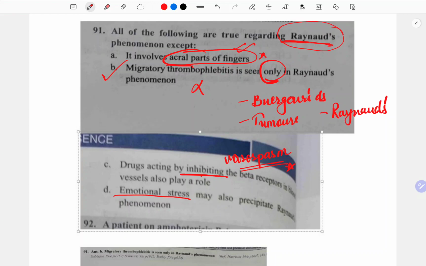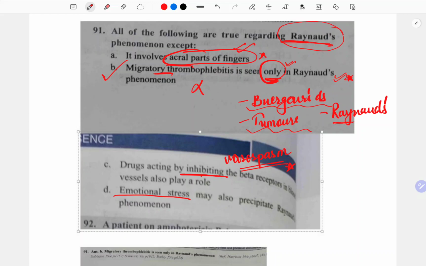Migratory thromboembolism is seen only... See, if you are not able to guess the answer or you do not know the answer, look at the extreme statements and mark those statements, because mostly it is observed that the extreme statements are the answers. Further explanation: migratory thrombophlebitis is seen not only in Raynaud's, it is seen in Buerger's disease and in some tumors also. So this statement is wrong.